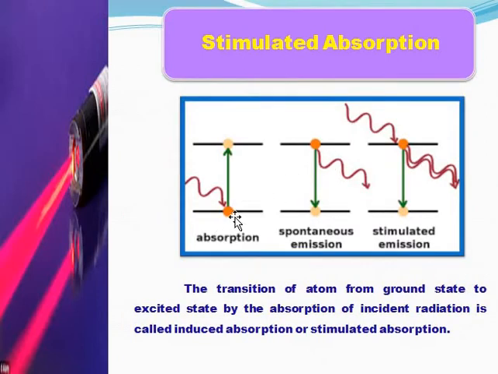So when the atom population is larger in the ground state, absorption takes place and the atoms get excited to the higher energy level. So induced absorption is more and induced emission is less.